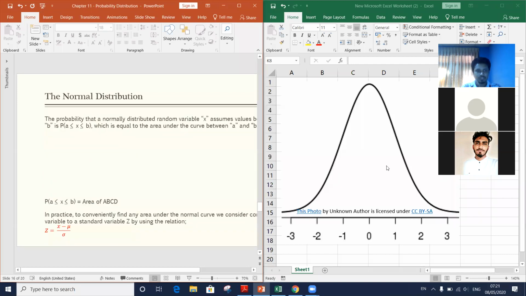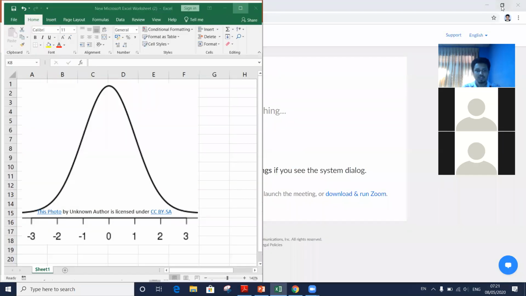Right here, I want to have this shape, right? And this is the formula you need to keep in mind, right? Z formula.